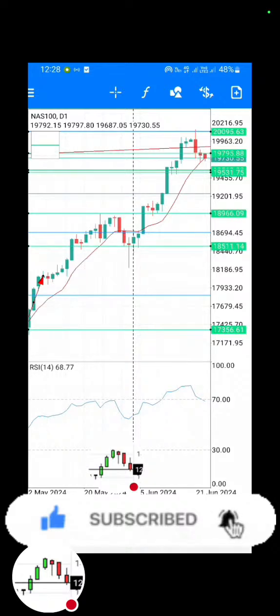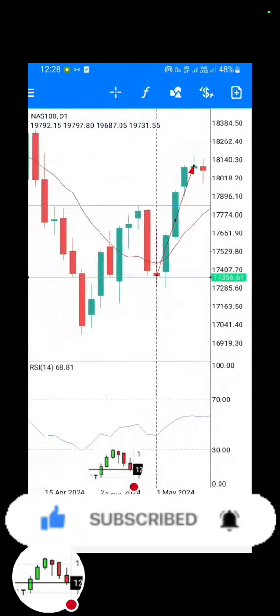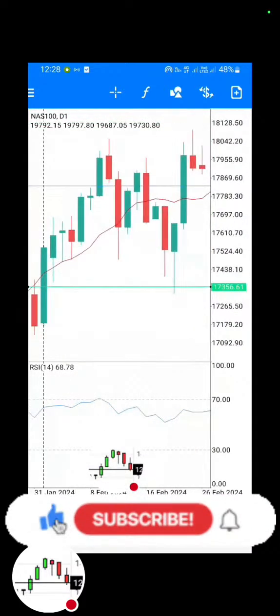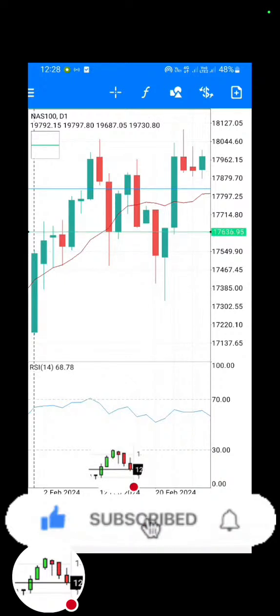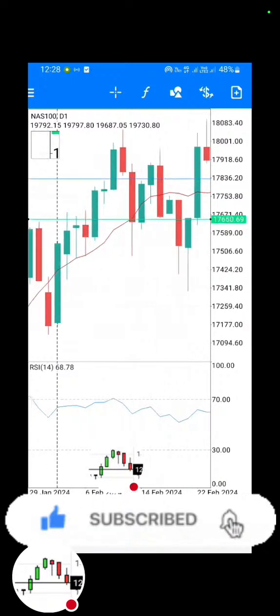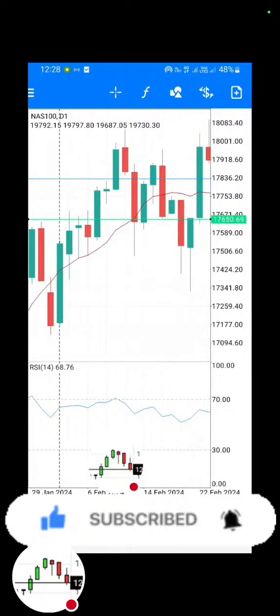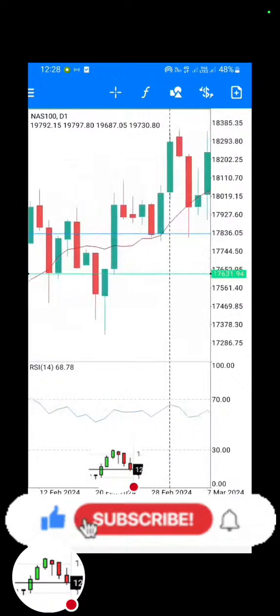You're going to use candlestick patterns to enter your trade. In this case, let's say I'm going to use a hammer candlestick. Yes, I did talk about hammer. You are going to enter a buy here, because hammer is a reversal pattern.